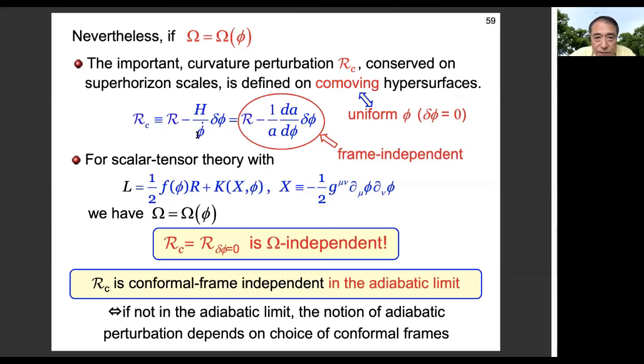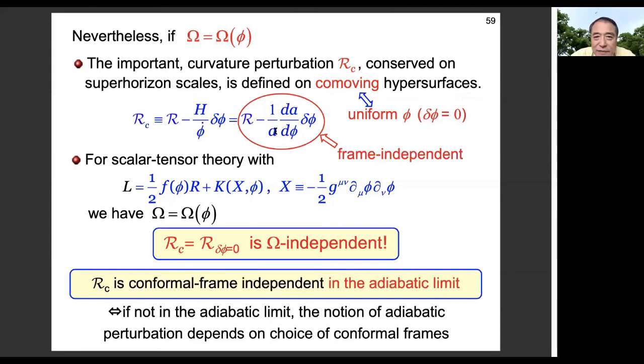If you write it in this form, as I said, if phi fixes everything in the background, this H over phi dot can be written as some logarithmic derivative: the derivative of phi with respect to the log of a, or dN d phi.